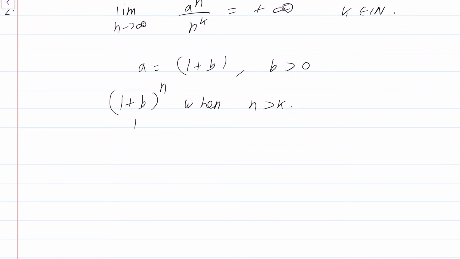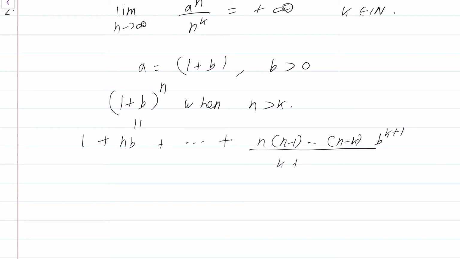This is nothing but 1 plus nb plus dot dot dot some other terms, and I focus on one particular term, and you should be able to guess what this particular term is. It is b^{k+1} by (k+1) factorial, plus some other terms.